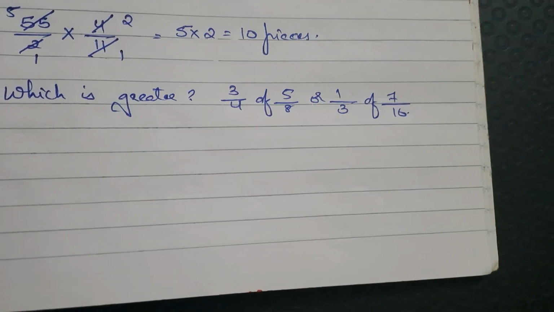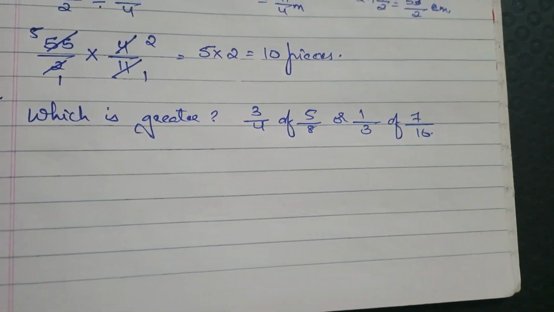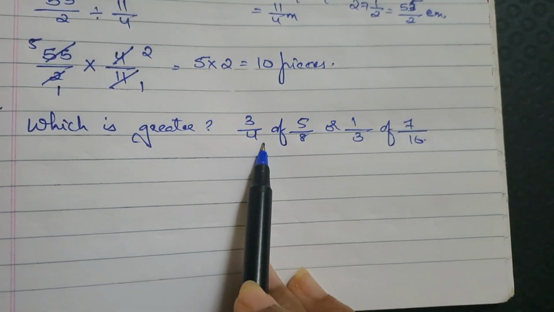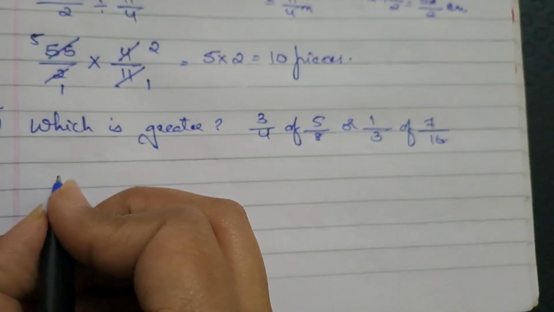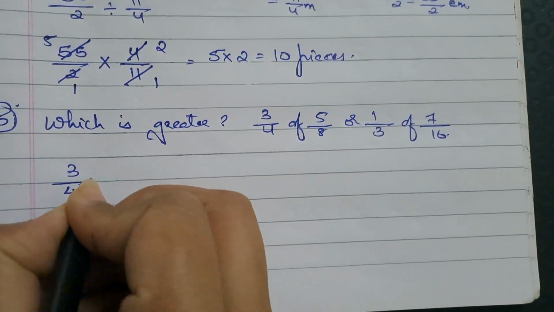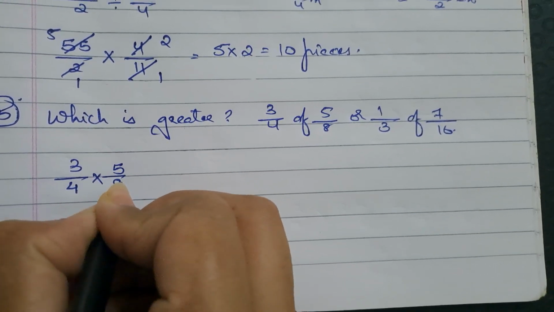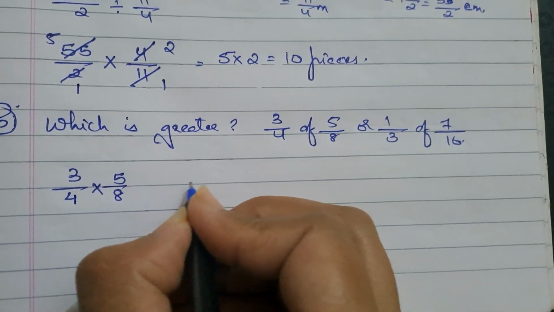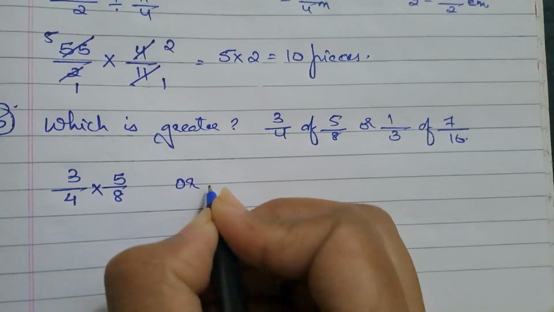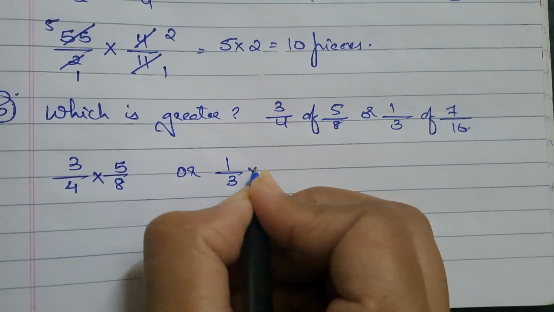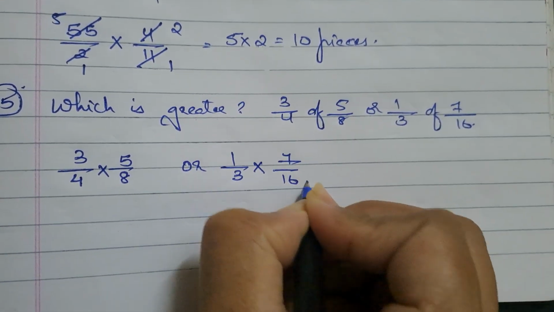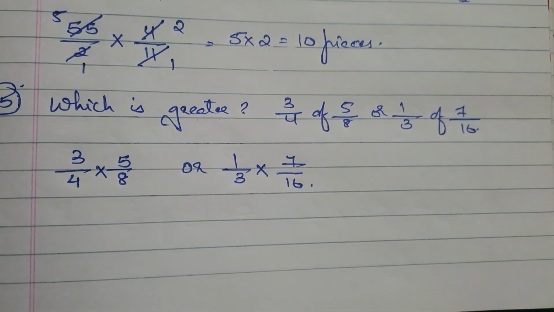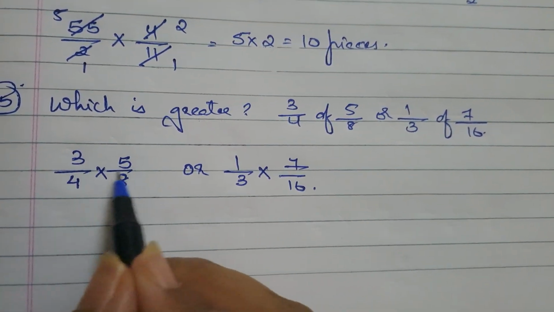Okay, going to the last question of fraction, it says which is greater, 3 by 4 or 5 by 8? That becomes 3 by 4 or 5 by 8, and 1 by 3 or 7 upon 16. Okay, then what am I going to do? Is there any way I can reduce it?